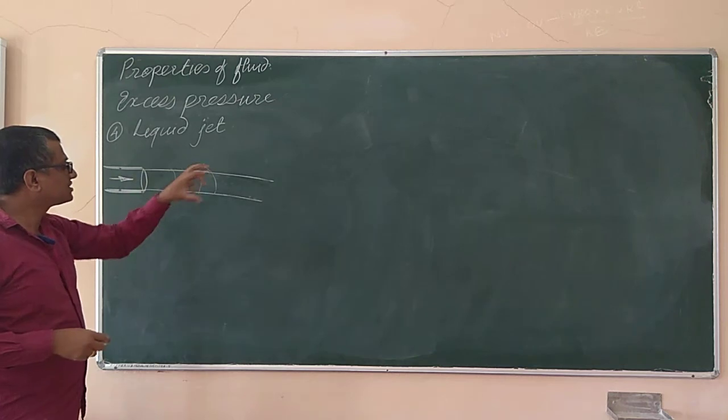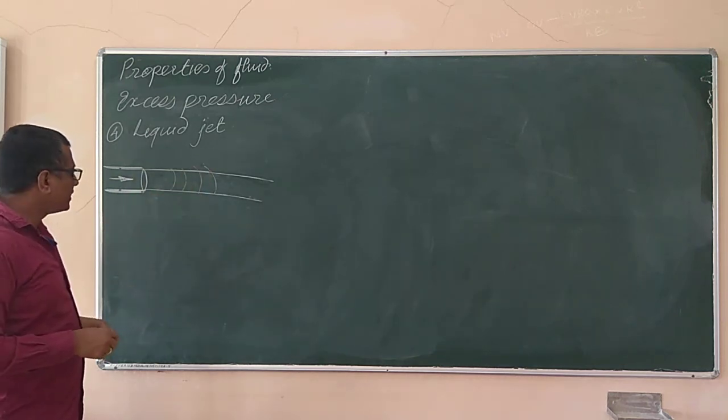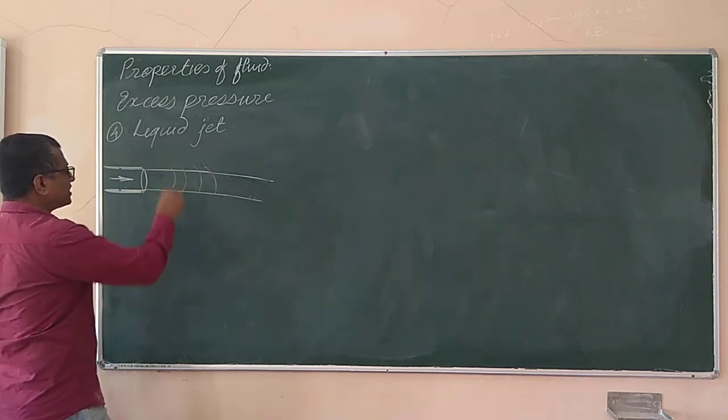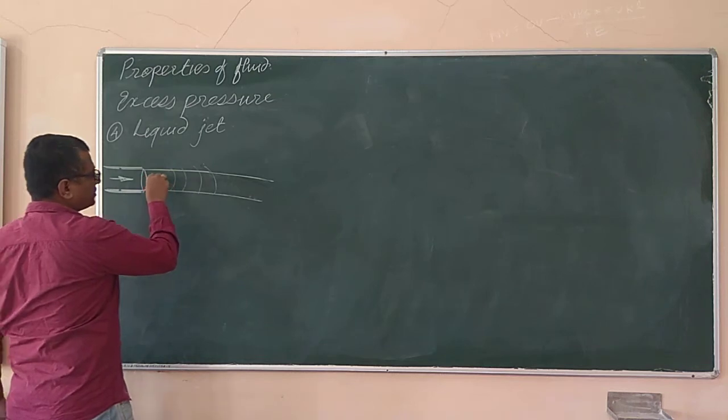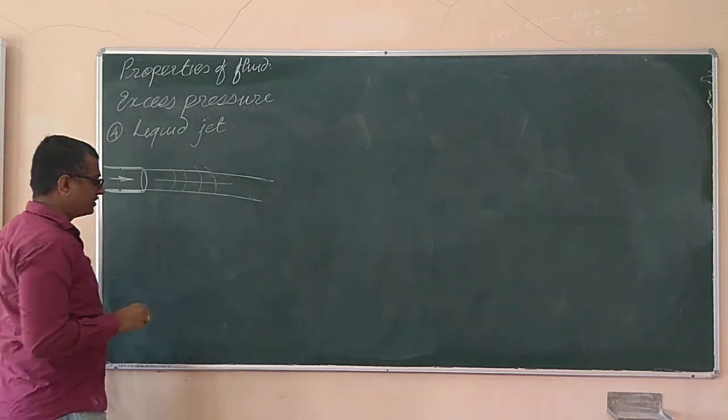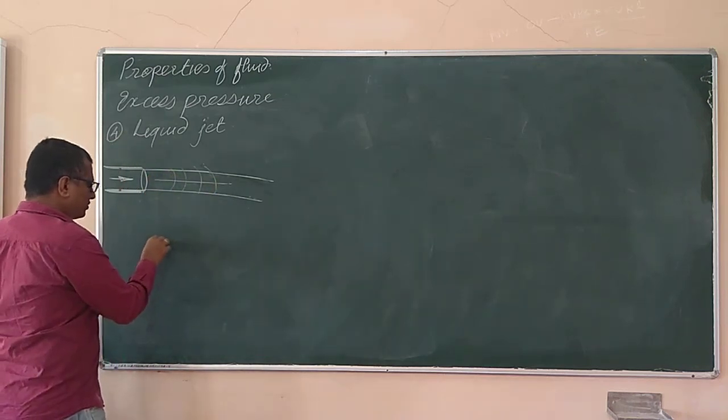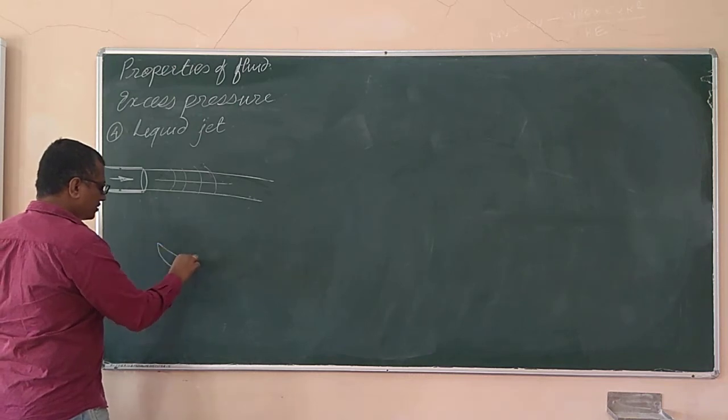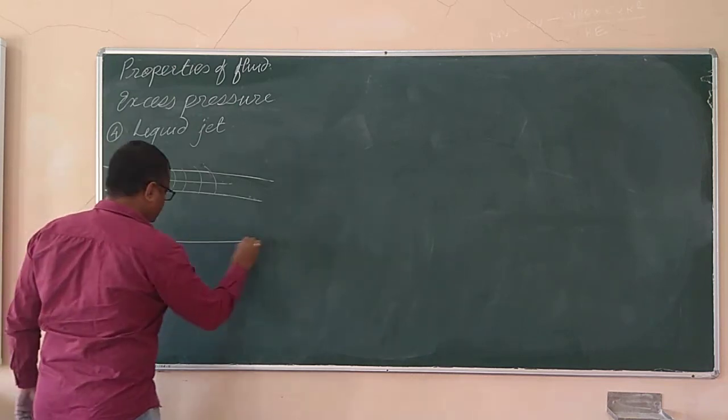Now consider this is a cylindrical jet, and just imagine that you have cut that cylindrical jet into two parts along the horizontal plane. So one of the semi-cylinders will be something like this.